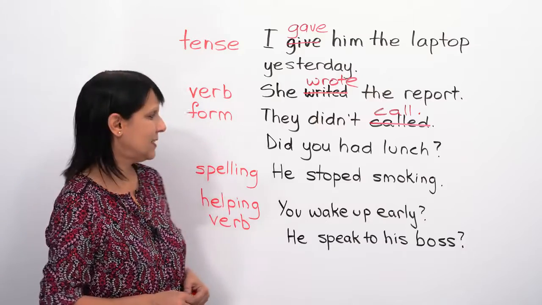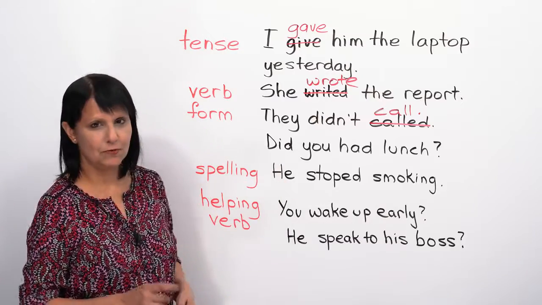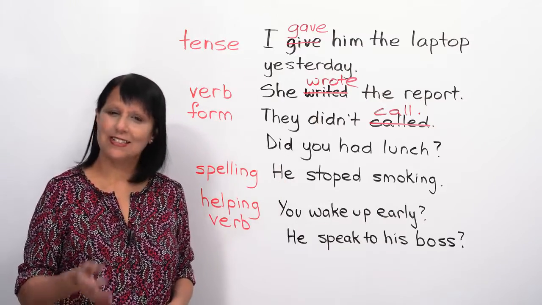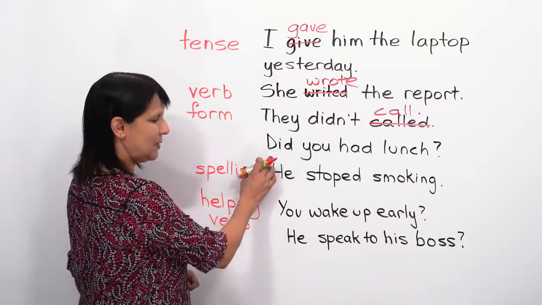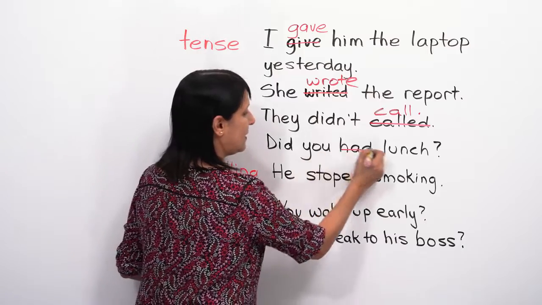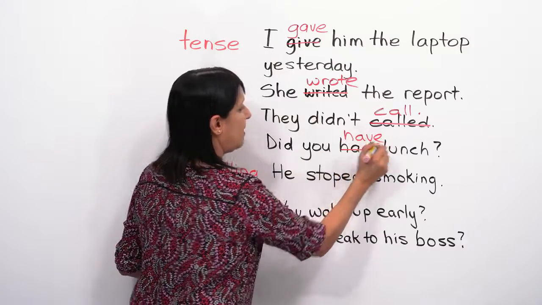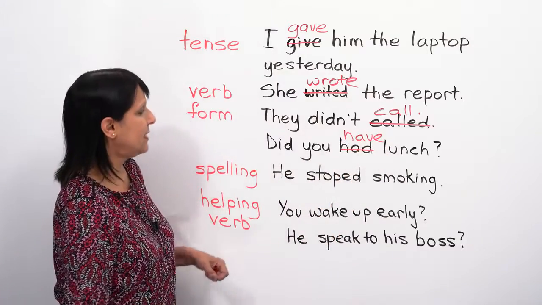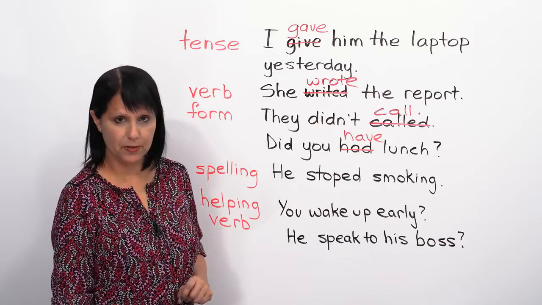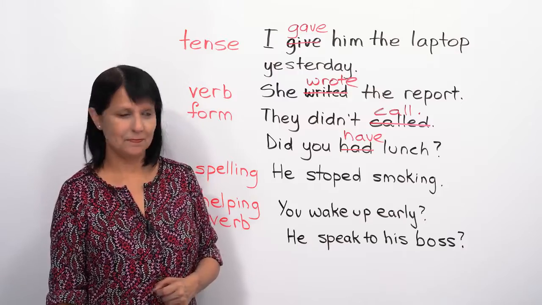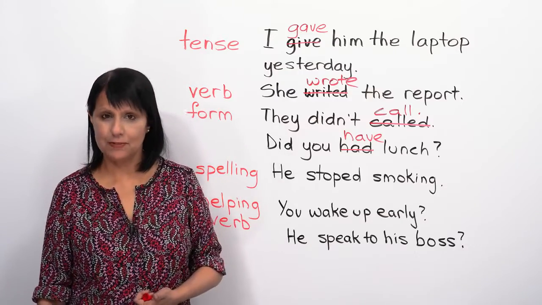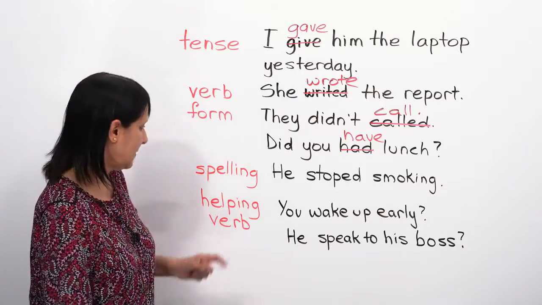Again, what happened? The student forgot that you come back to the base form of the verb. So it should be, even with the question, did you have lunch? Let's say these again. She wrote the report. They didn't call. Did you have lunch? Okay, good.